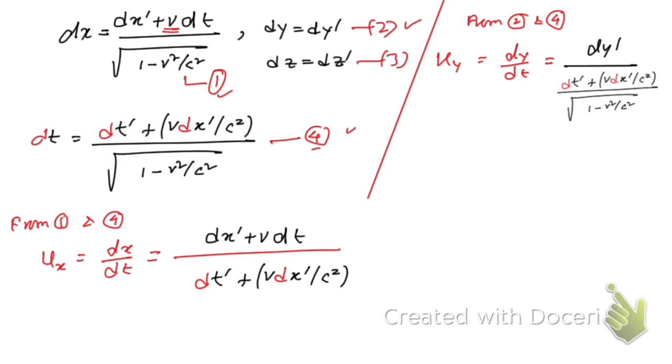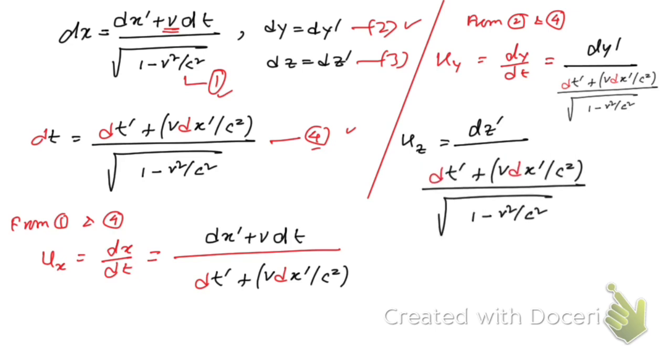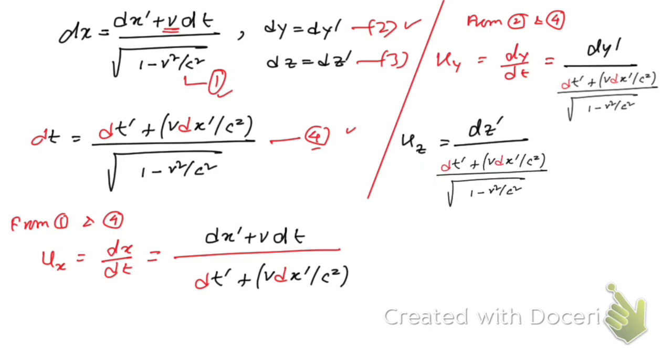So similarly, uz will be equal to dz divided by this again, right? So hope you have understood this. So now you see what we can do. Let me simplify all these things. I missed something here.